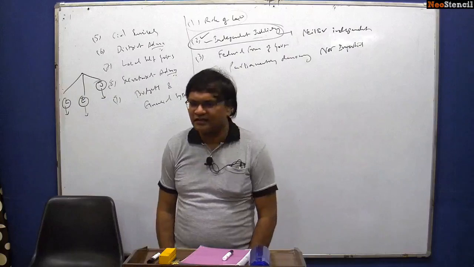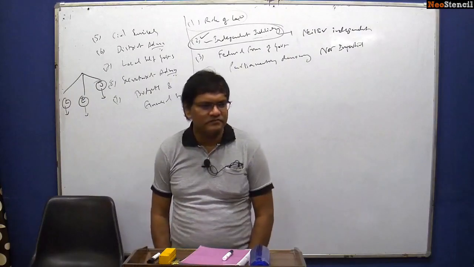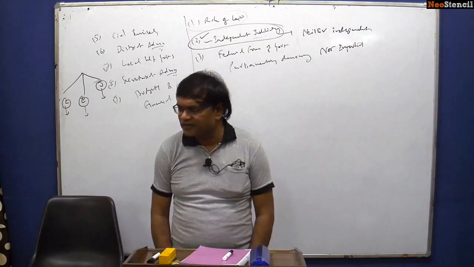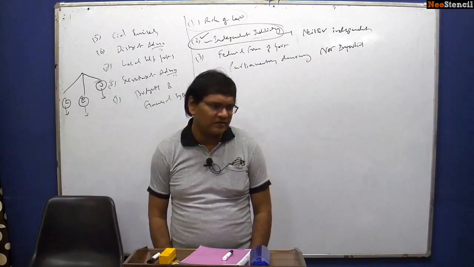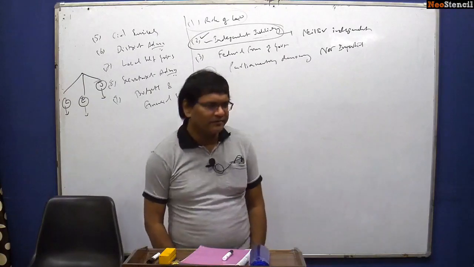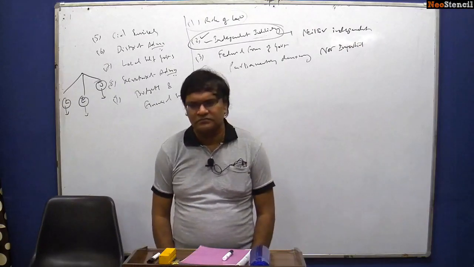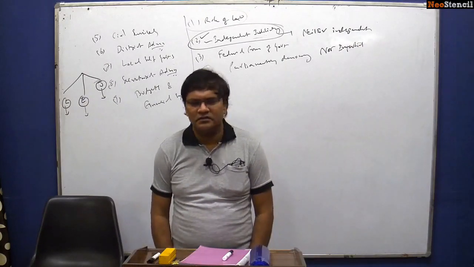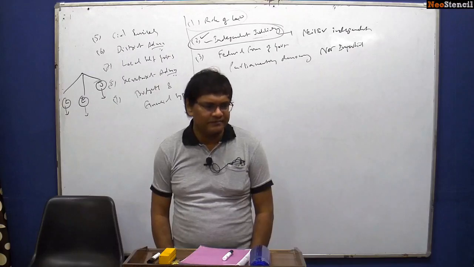What were the provinces at that point of time? The Bengal province was there, then Madras, then Bombay, then United Province, then northern provinces.